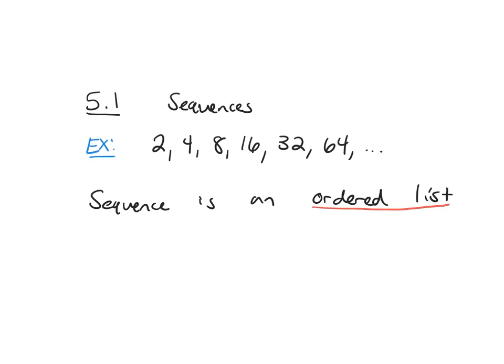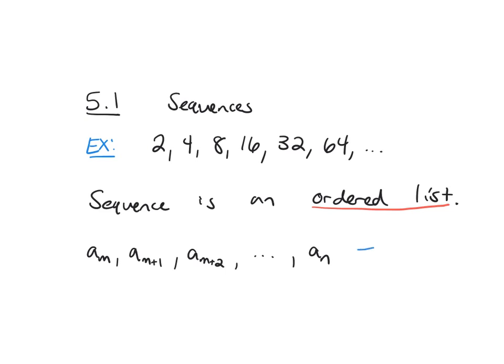There's an order, so there's a first term, a second term, third term, and so forth, and it's just a list of numbers. So that list could be finite. For example, a_m, a_(m+1), a_(m+2), and it has some kind of final term, a_n.